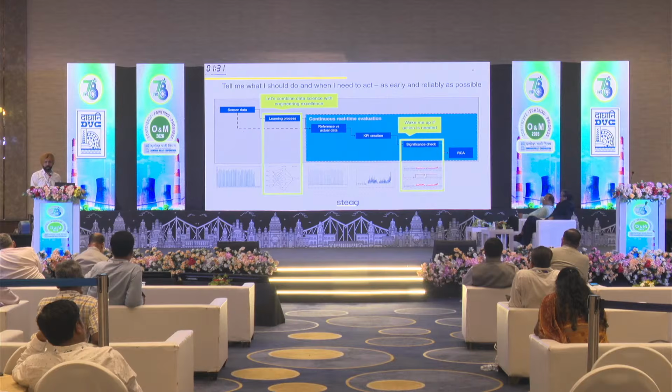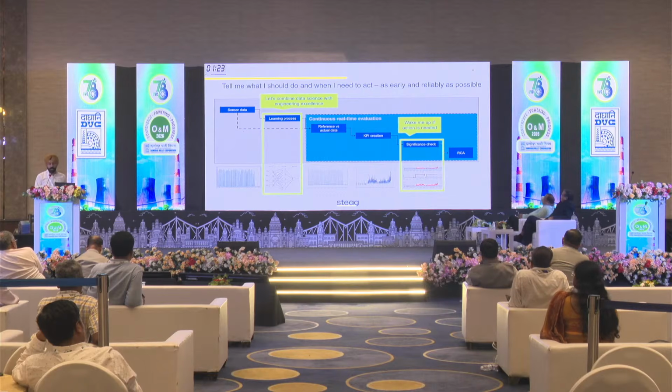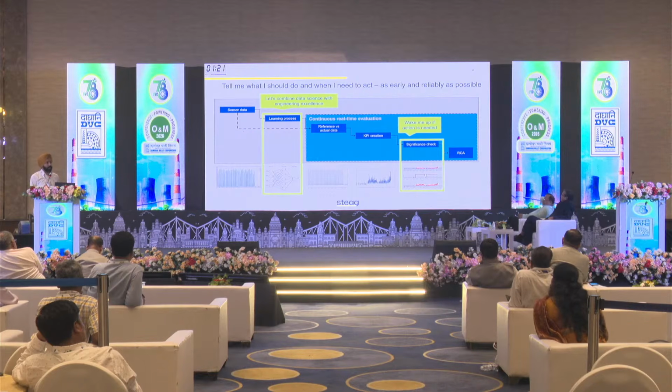Ideally, the KPI should be equal to 1, but that's not the case, so there are deviations. From this deviation, the predictive analytics technologies are used. Over and above, we also use a significance check by statistical methods, which ensures that whenever an alarm is generated, it is a true alarm of the leakages. And once there is a true alarm, then the RCA can be done accordingly.